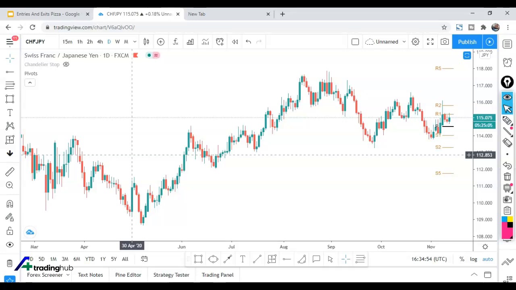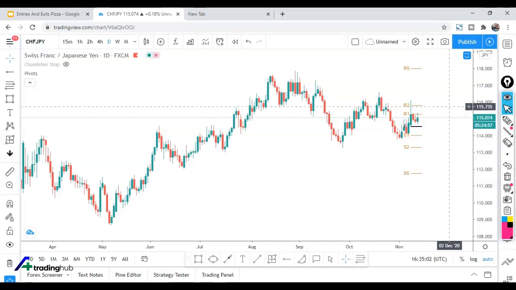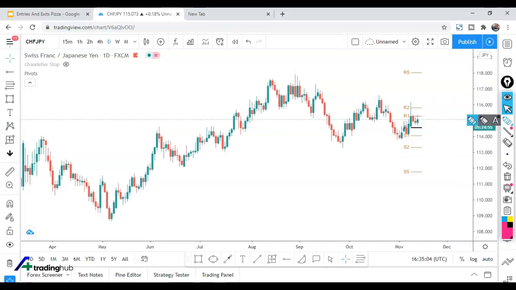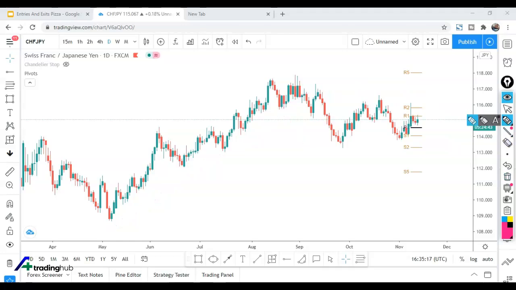So just find something that you're comfortable with and work with it. This is the daily chart, and you can see price is bullish. Price has been moving up and up, and right here it's consolidating. So this is consolidation, and price is trading above PP, which is also a bullish sentiment.